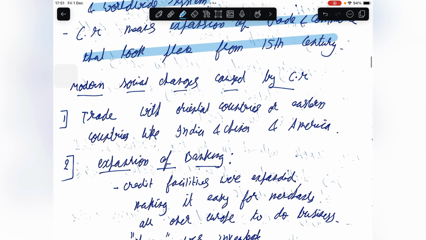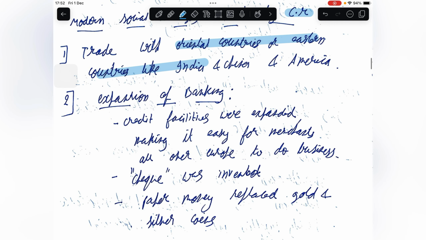Modern social changes caused by the commercial revolution. Trade with oriental countries or eastern countries like India and China, and America. So it became worldwide, right? Especially with oriental countries like India. Expansion of banking, this is a very important feature. Banking became very important. Credit facilities were expanded, making it easy for merchants all over Europe to do business.